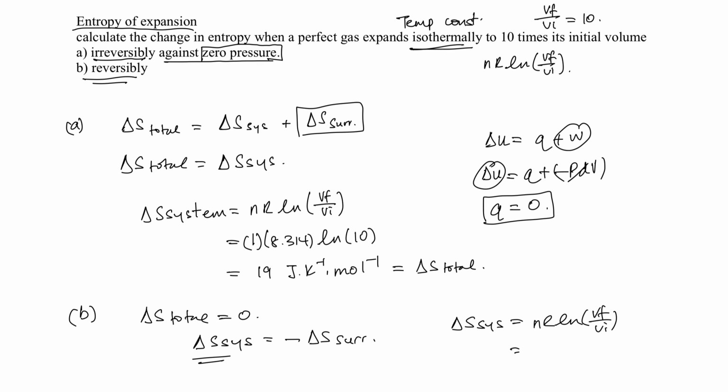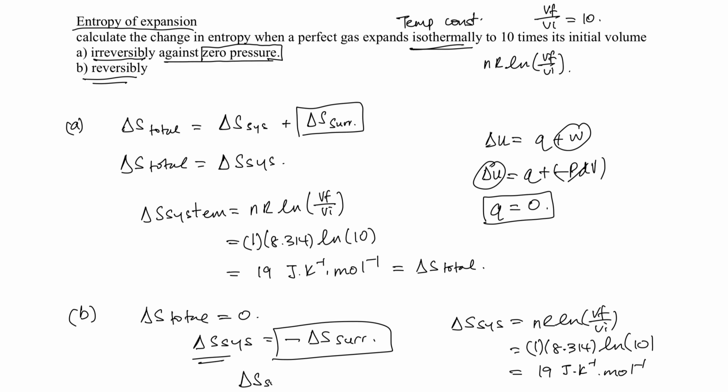Same things substituted as before, 8.314 ln of 10. That's equal to 19 joules per Kelvin per mole. But the delta S for the surroundings is going to equal minus 19 joules per Kelvin per mole.